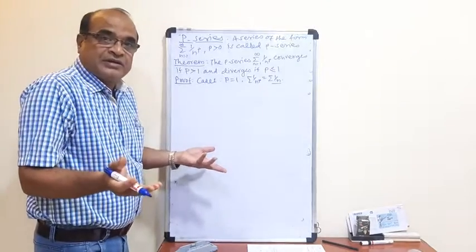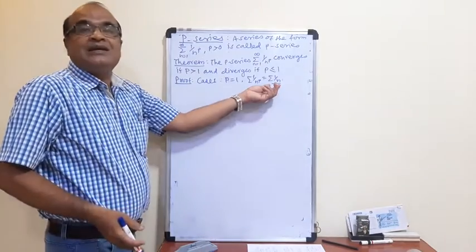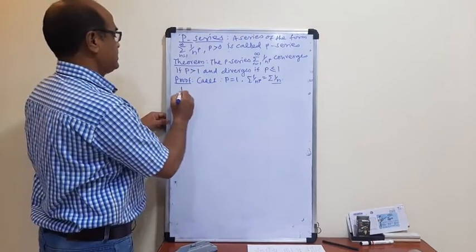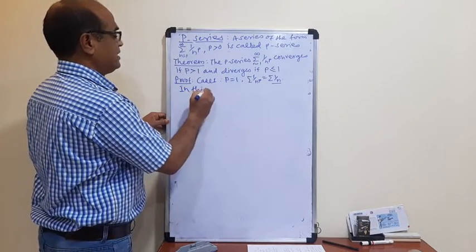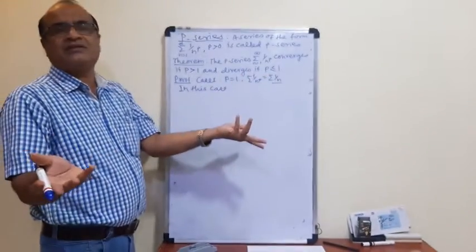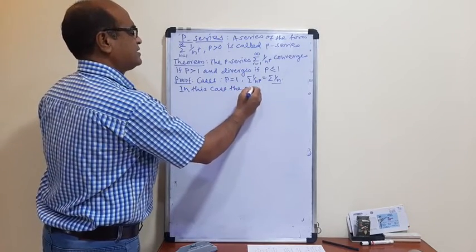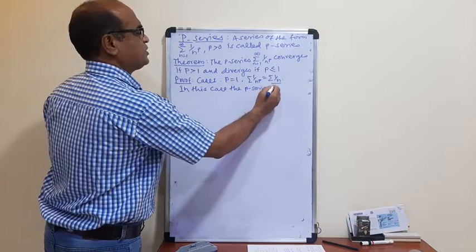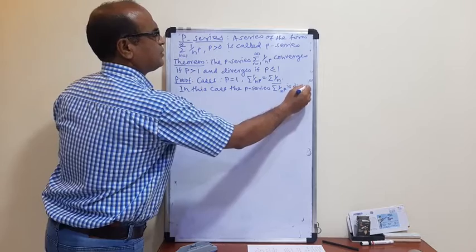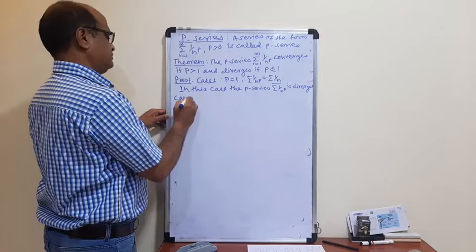Is it convergent or divergent? In the previous example, we showed that the series is divergent. Therefore, in this case the p series, summation 1 upon n raised to p, is divergent. Just we proved it.